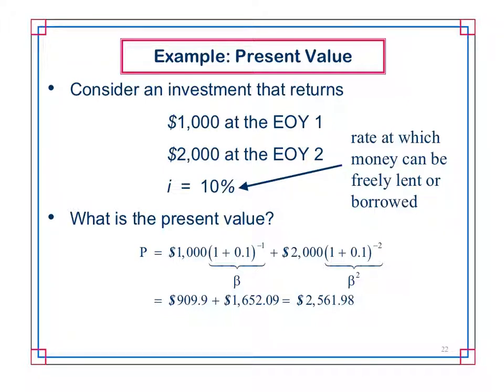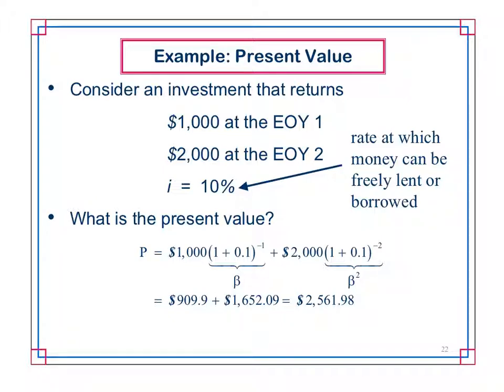So let's say we have an investment that pays $1,000 at the end of year 1 and $2,000 at the end of year 2. Your interest rate is 10%. That's what you're expecting to be paid. The question is, how much would you be willing to offer somebody to get this deal? What would be the maximum that you would do?